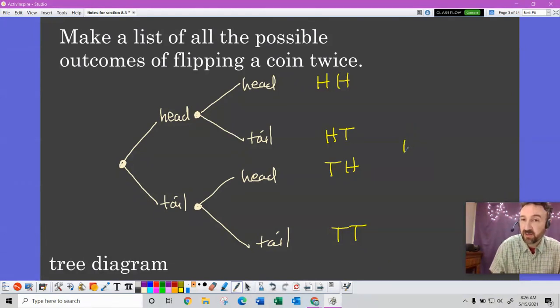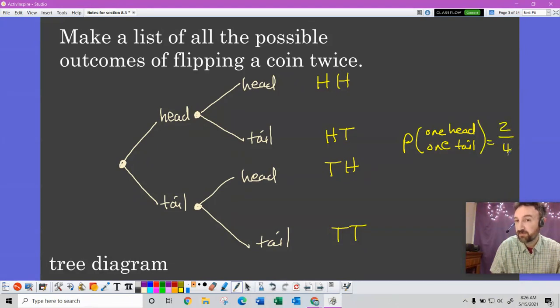So if you were going to do the probability of getting one head and one tail, that would actually be 2 out of 4, or 1/2, in terms of a theoretical probability, which we're going to figure out in the future here.